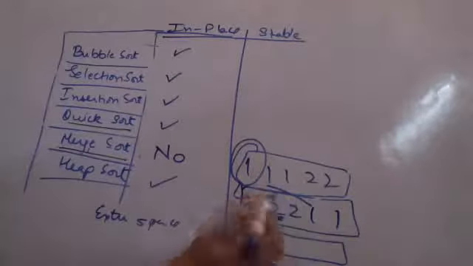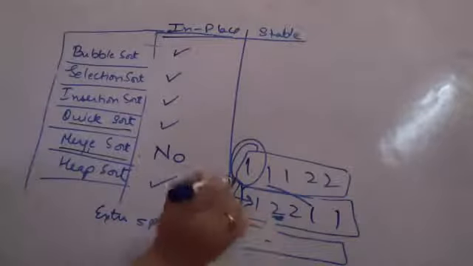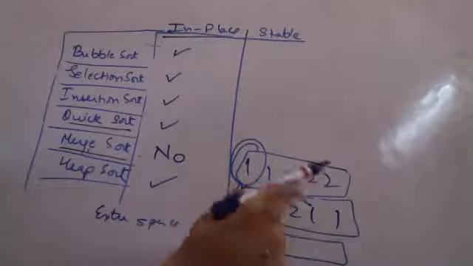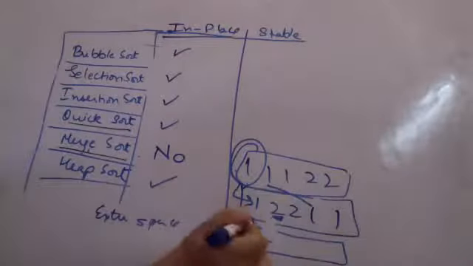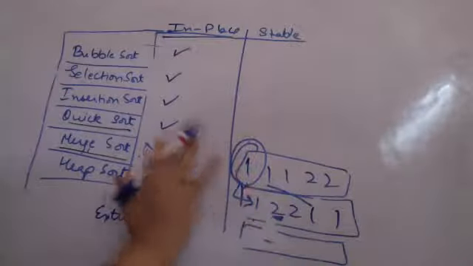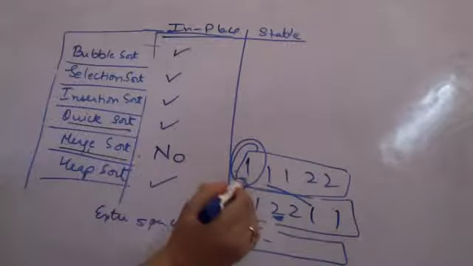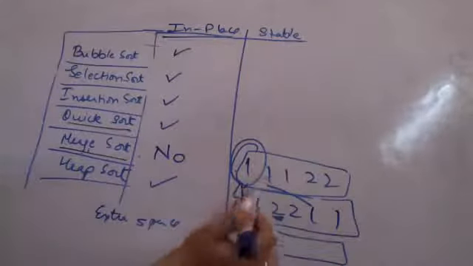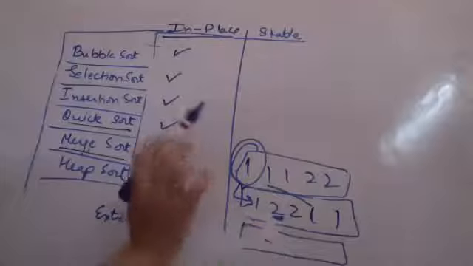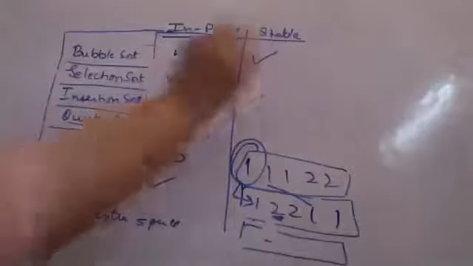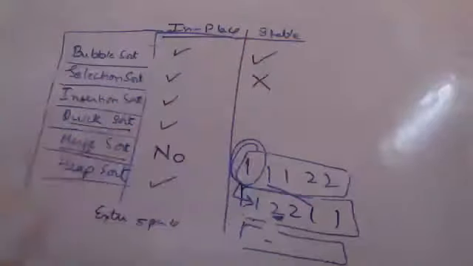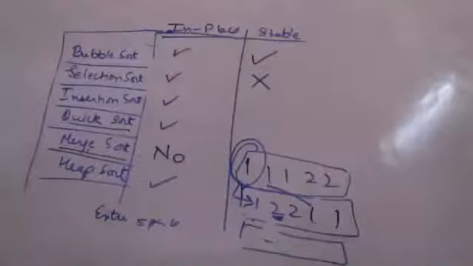I will again repeat. If the order of elements which are the same remains intact in the original and the sorted list, then it is a stable sorting algorithm, otherwise not. If this one is coming after and this one is coming first, then it is not called a stable sorting algorithm. So bubble sort is stable, selection sort is not stable because it might change the position.